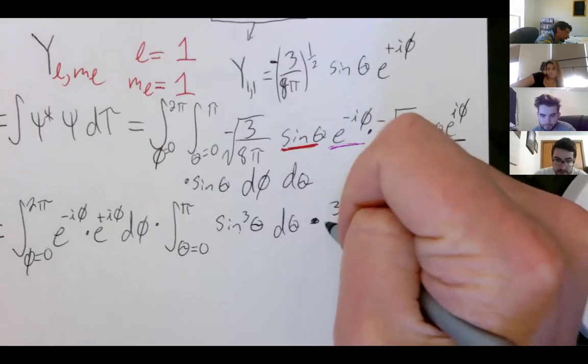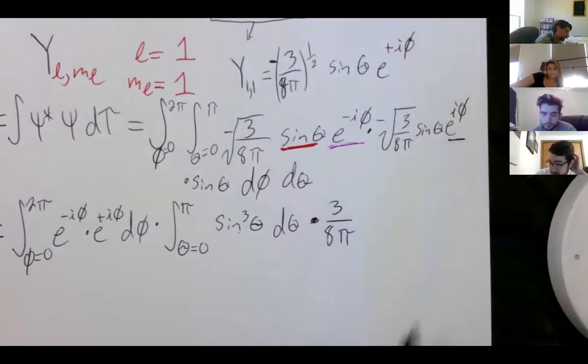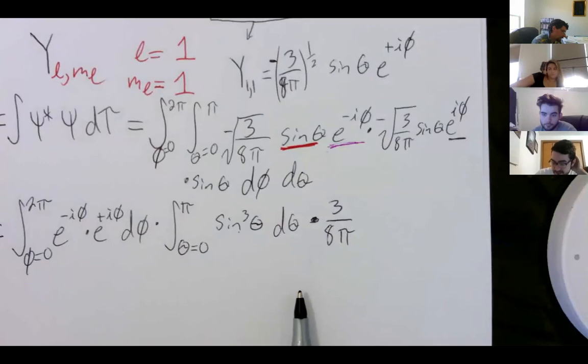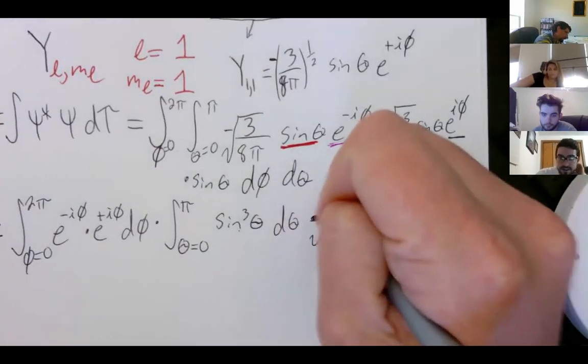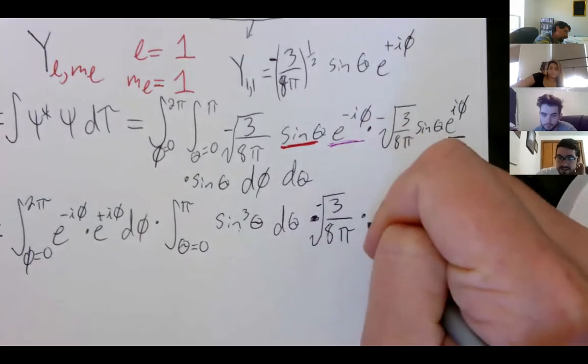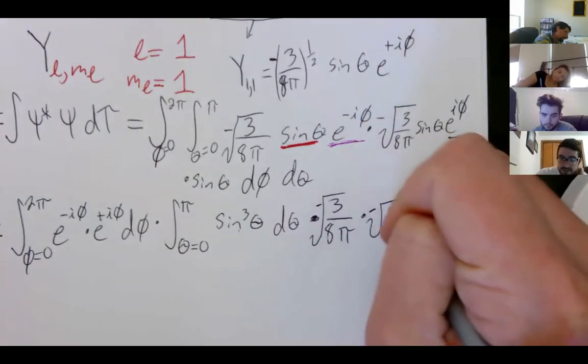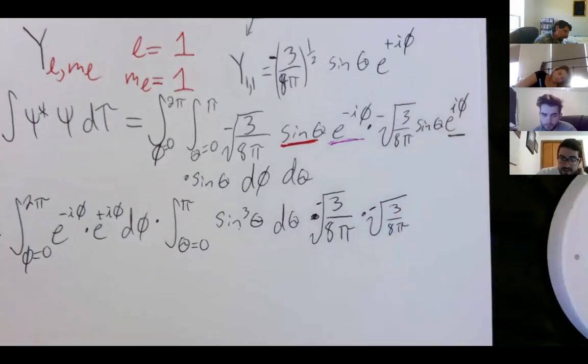So 3/8 pi squared, or to the 1/2 squared, really just becomes 3/8 pi, because whenever you multiply two radicals.